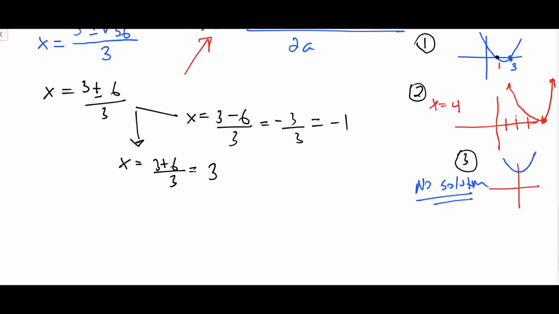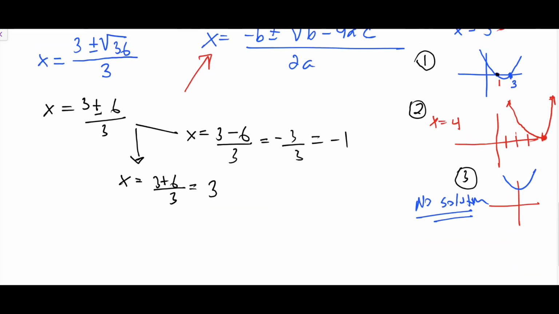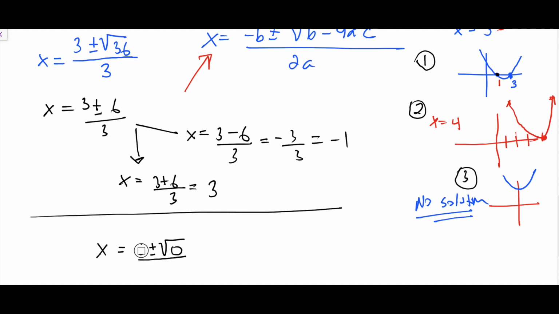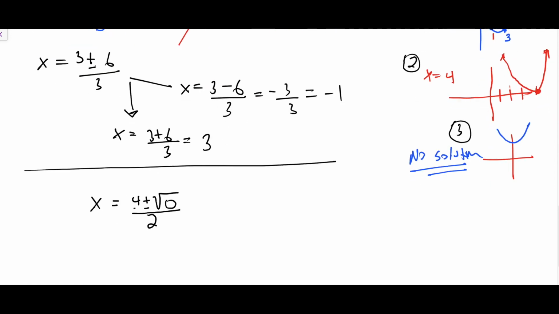All right, well, let's do another scenario. And you get x equals 3 plus or minus the square root of 0 over, let's not put a 3 there, we'll put a 4, a 4 over 2. Okay.